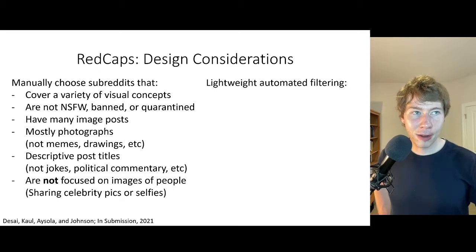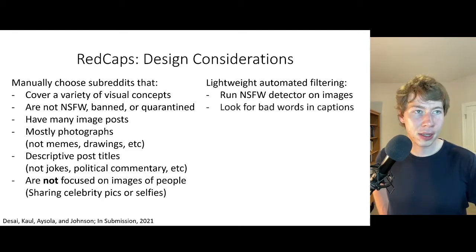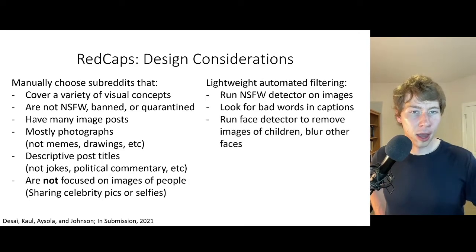We do a little bit of lightweight automated filtering. We run an off-the-shelf not safe for work detector to try to remove any not safe for work images that might have slipped through the cracks. We also use a block list to get rid of bad words and captions. And we run an off-the-shelf face detector to remove images containing children and to blur the faces of other people appearing in images.